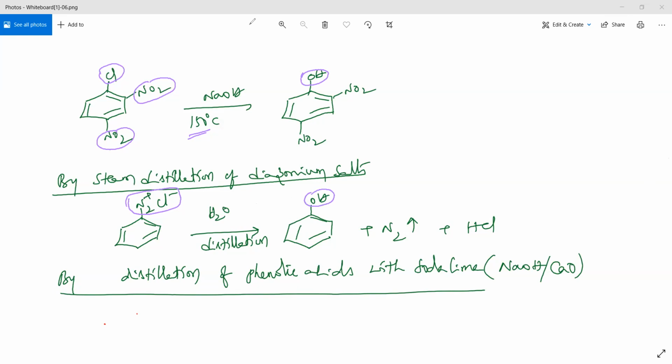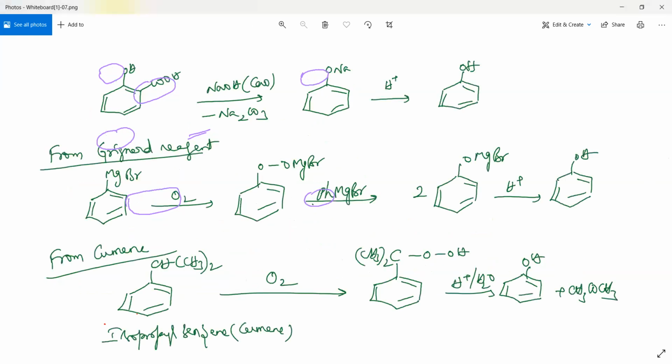The COOH, COONa group undergoes decarboxylation, the CO2 is eliminated and ONa remains, followed by acid hydrolysis. Finally, you get OH.